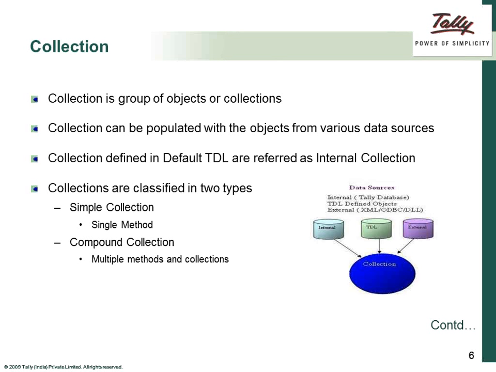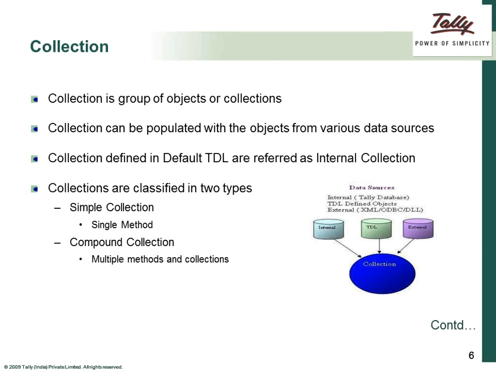A sub-collection is made up of a group of sub-objects together. This is when we have to showcase one object, that is one ledger. When I would like to see a group of ledgers, I will not create one ledger. There are 15,000 or lakhs of ledgers that I have created.